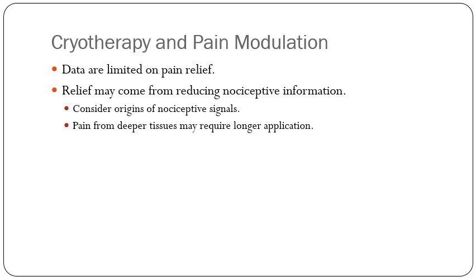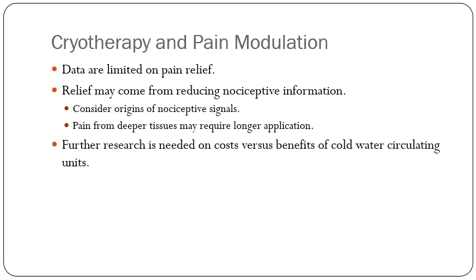So you have to look at the origins of the nociceptive signals, where it's coming from. So the idea is that we can reduce pain, one, by slowing the activity of the A delta and C fibers, and also through the stimulation of the periaqueductal gray area. Those are two ways in which cryotherapy will limit the amount of pain that the individual is experiencing.